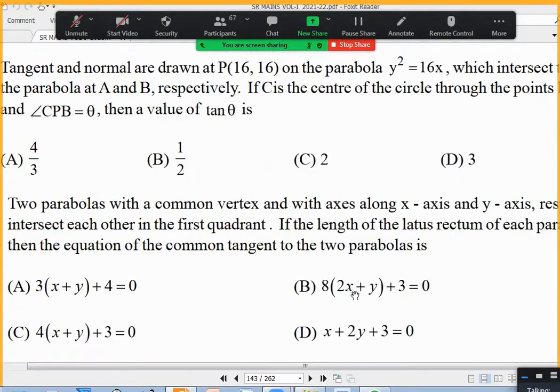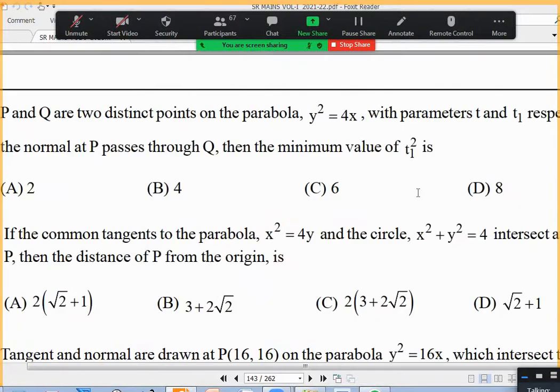No. Okay, 104 or 103. Any doubt? 101 or 102. Any doubt?